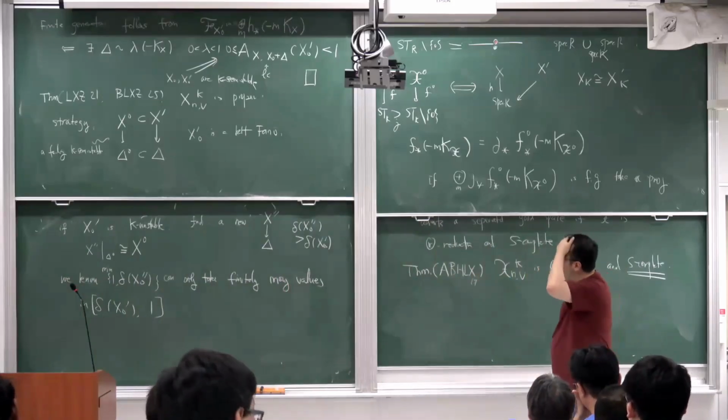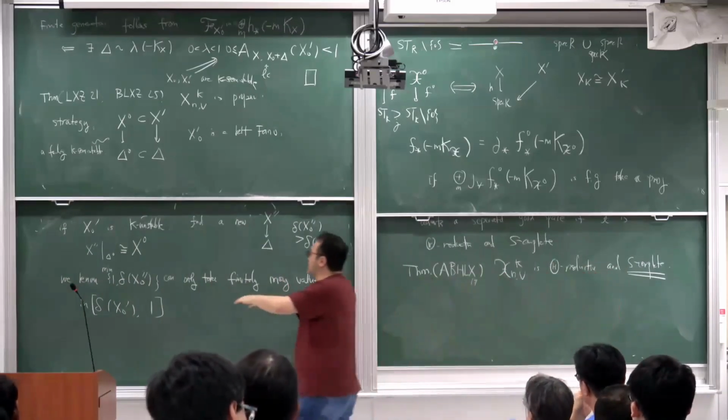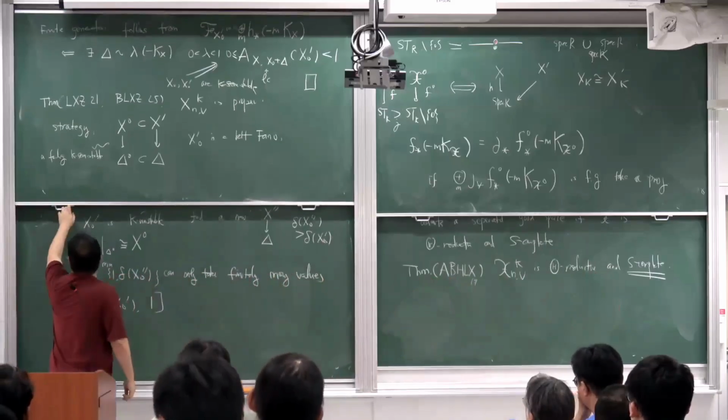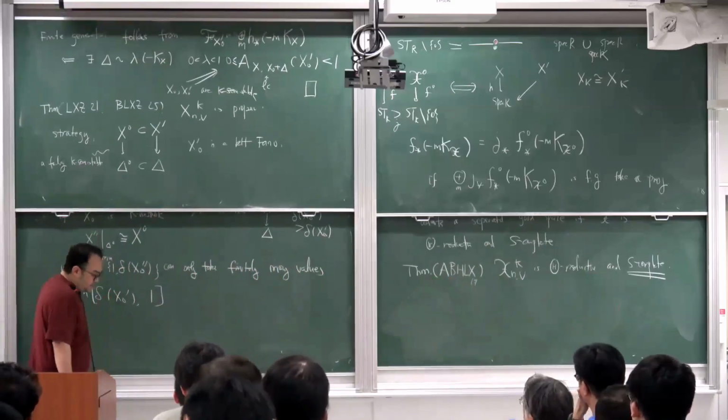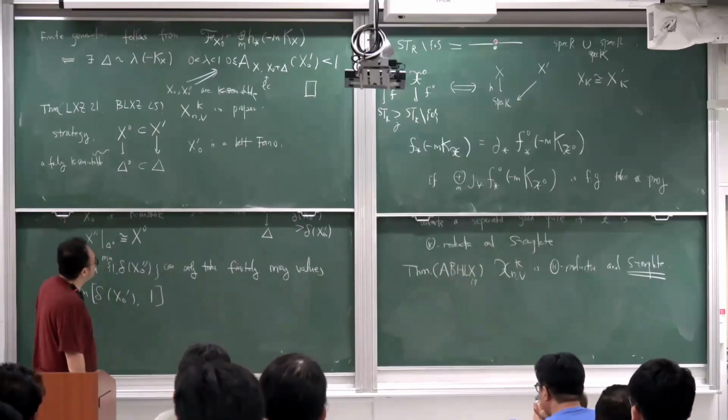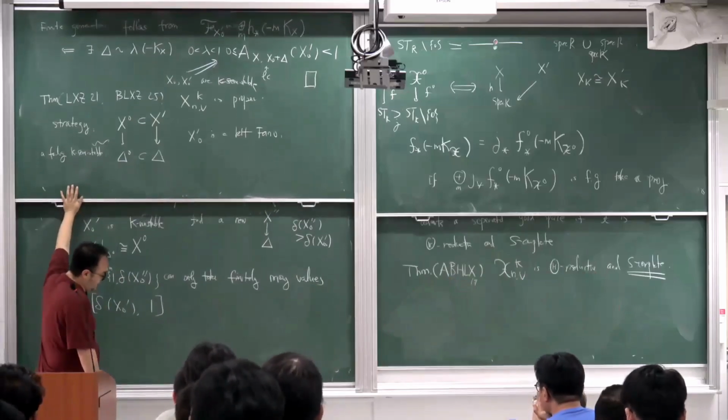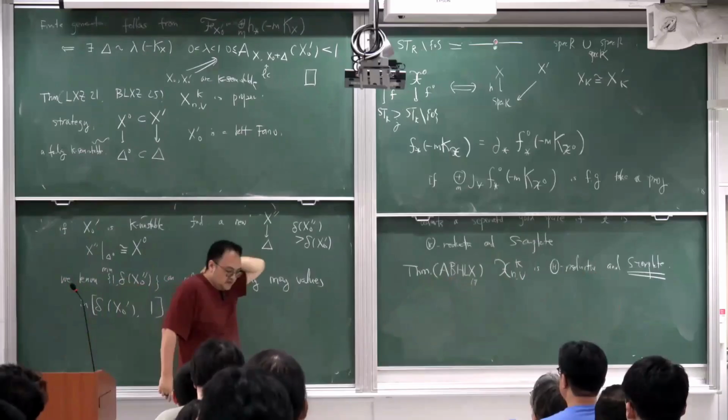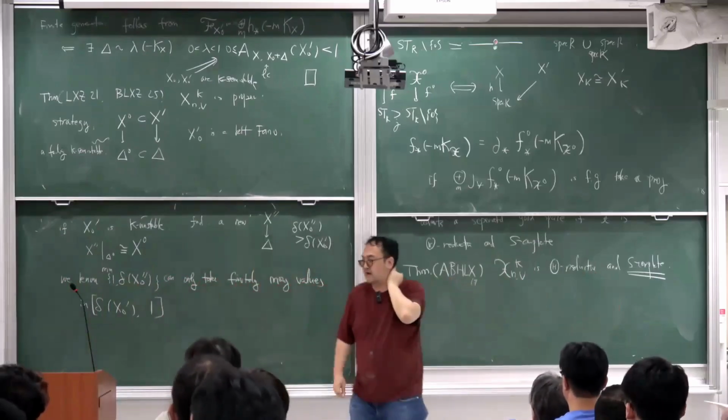So originally, let me just say this in words. When we look at the first proof of the Properness, we use something called theta stratification theory by Harder-Narasimhan type.